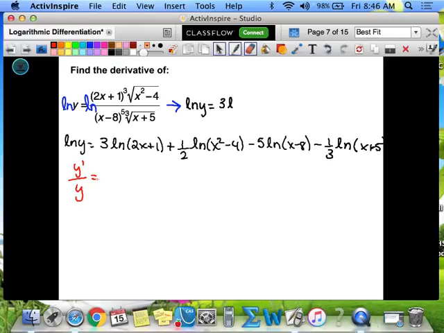Constant multiple rule, 3 tags along. U prime over u. Travel to the next piece. Plus, constant multiple rule, 1/2 tags along. U prime over u.